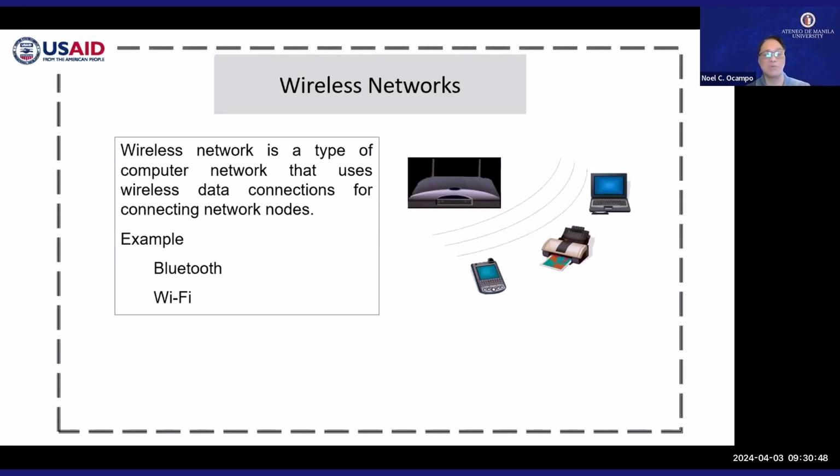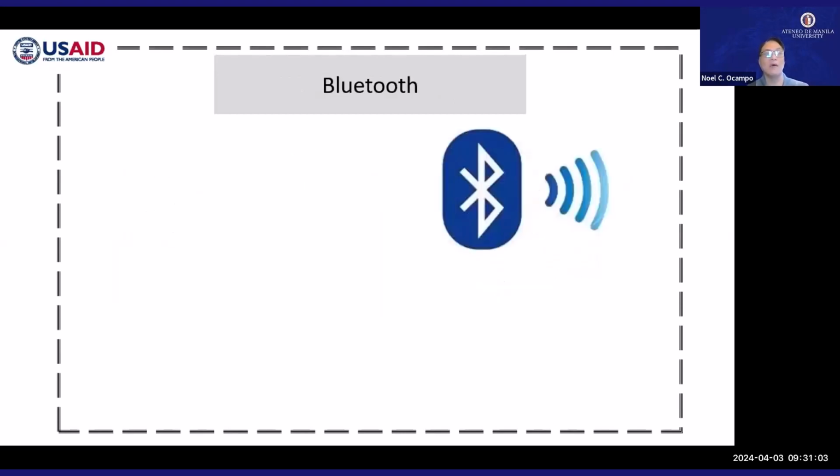But for the overall corporate network connection, we use Wi-Fi. If you take a look at your offices, normally on top of the ceiling would be your wireless access points. Those wireless access points are directly connected to your LAN switch, and you're able to access the Wi-Fi access points using radio waves.